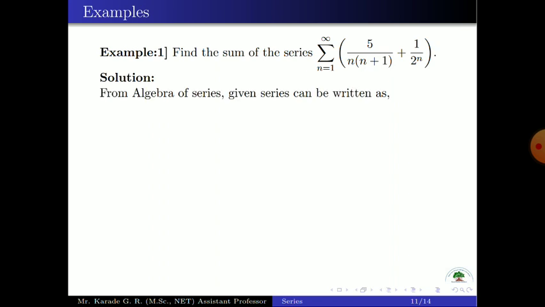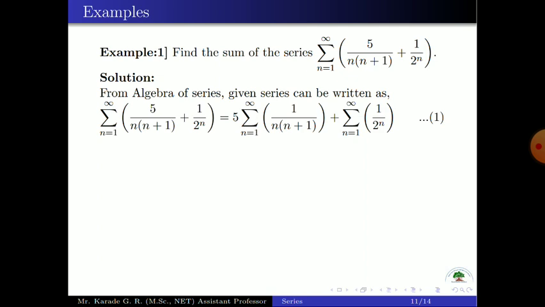Solution: from algebra of series, the given series can be written as, just simplifying the given series, separating these two series. 5 is a constant, take it outside: series n runs from 1 to infinity, 1 upon n into bracket n plus 1, plus series 1 upon 2 raised to n. Let us call it statement 1.